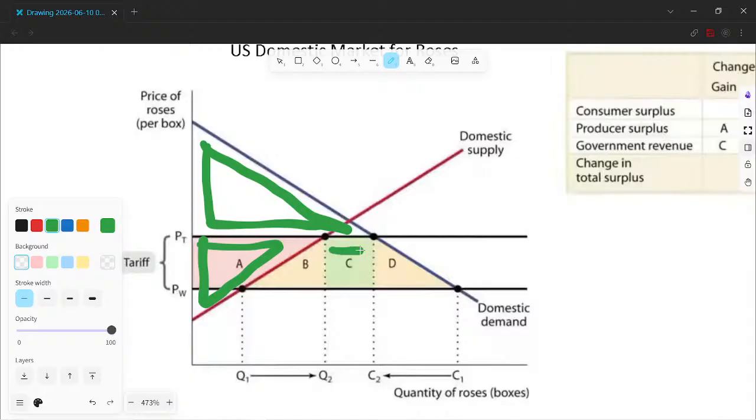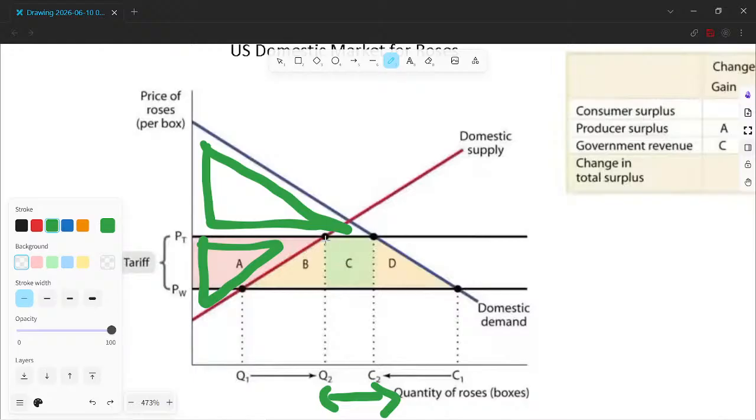The difference between Q2 and C2 is how many imports there still are occurring, and therefore a tariff. And so why is it price world, price tariff? Right. It's that square because that's the amount of the applied tariff.